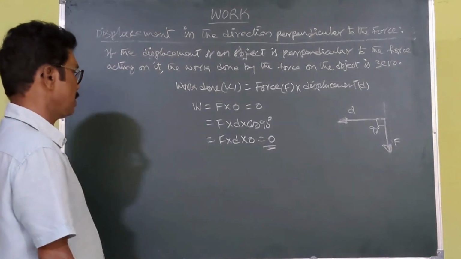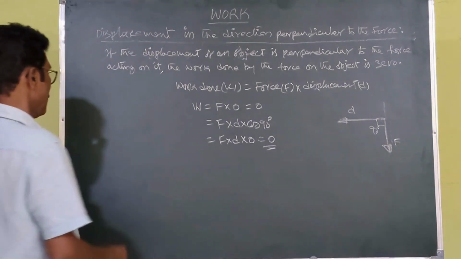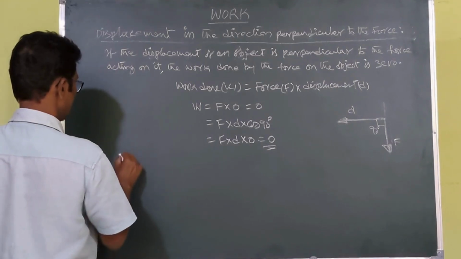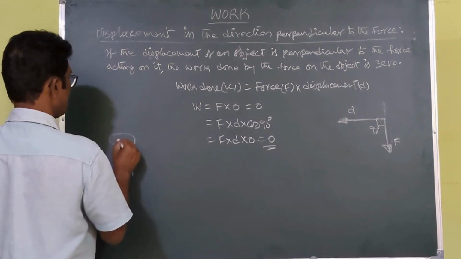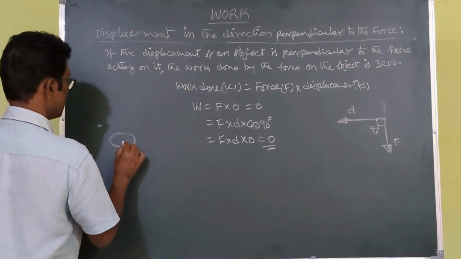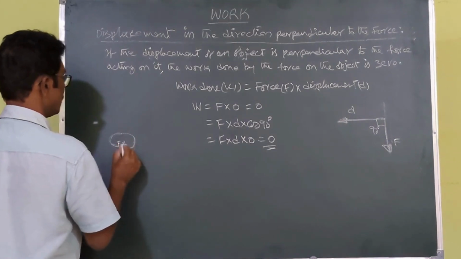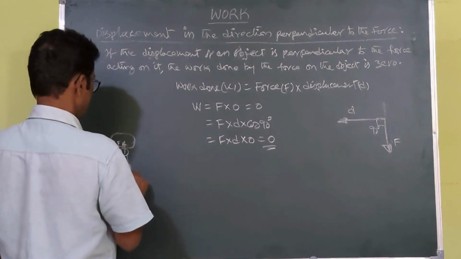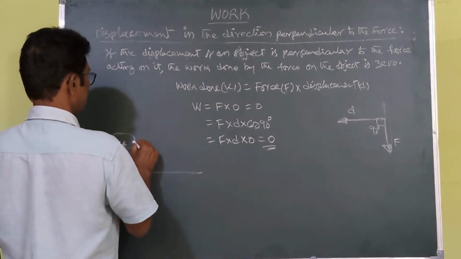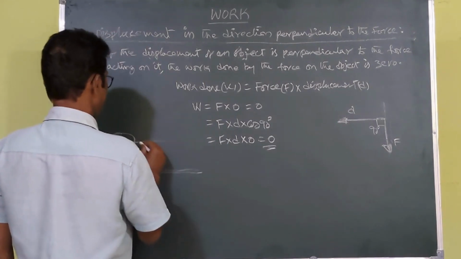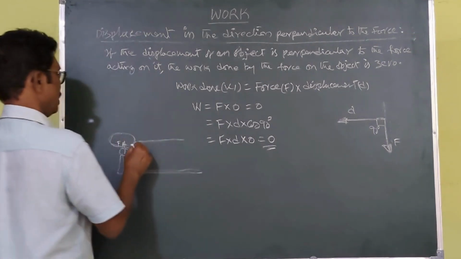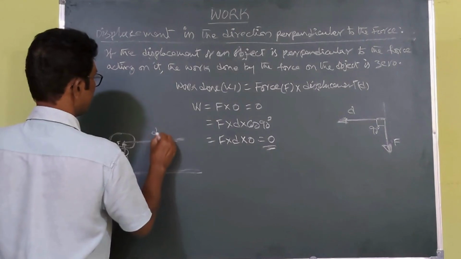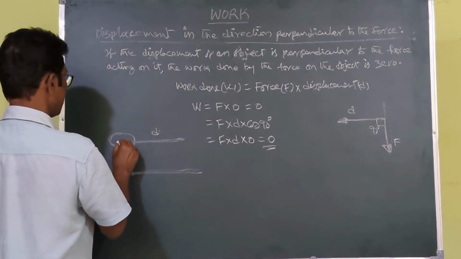Another example is a porter in the railway station. The person puts luggage on his head, and the head exerts force in this direction. He walks along the platform, so the displacement is in this direction.